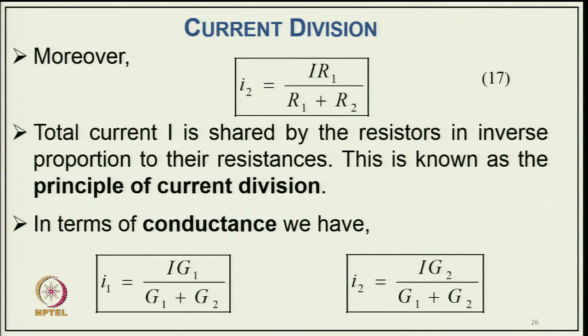Moreover, this I2 is equal to I into R1 divided by R1 plus R2, because I Req is the voltage across the resistors.